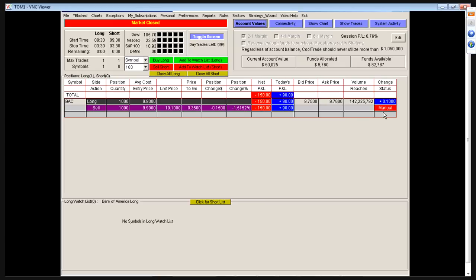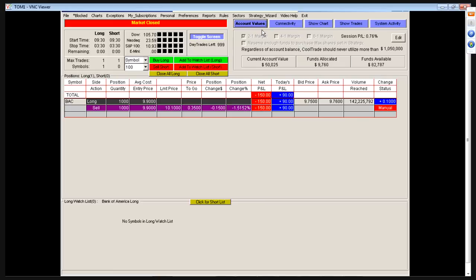Stealth tells you that no one else can see our orders. We're not floating anything out in public view. That protects us from the professional traders and the institutional computers that are looking for orders and trying to determine where people are buying and selling.